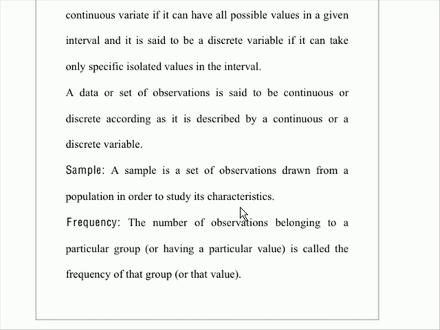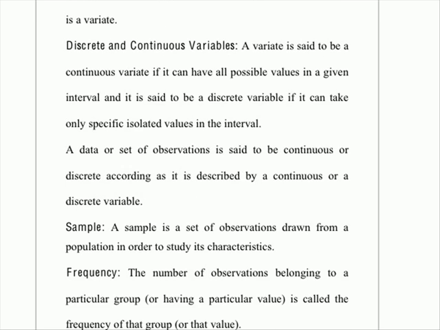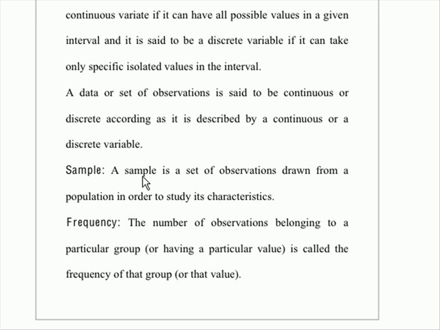So for example, again going back to a set of integers from 1 to 10, a sample might be 3, 7, 8. So a small portion of the total population. Frequency is essentially the number of times that a particular value occurs in a sample space. So these are some of the definitions that are used in statistics.